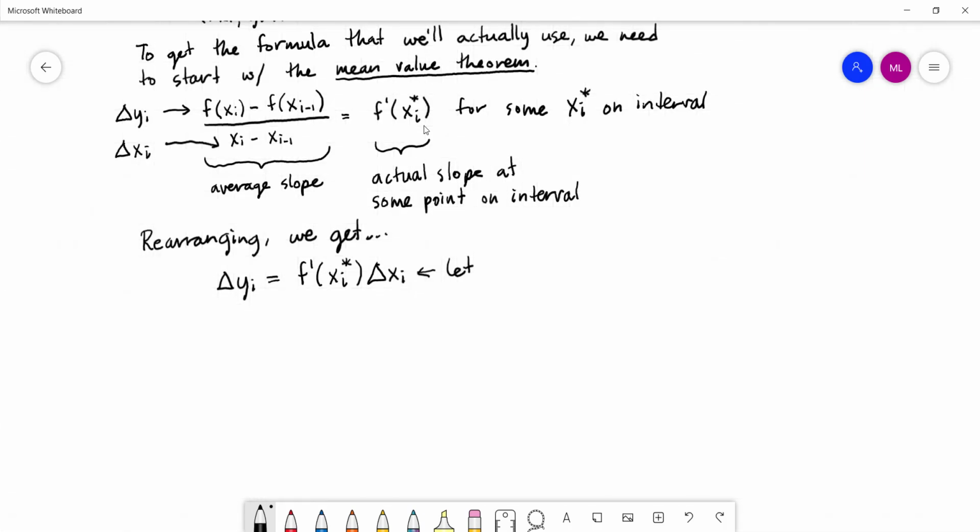So let's let all the delta xi's be the same, and we'll just call it delta x. So it doesn't matter what value of i you're at, they're all just going to be the same distance. We'll just call it delta x. And that's what we will be doing going forward down the line.